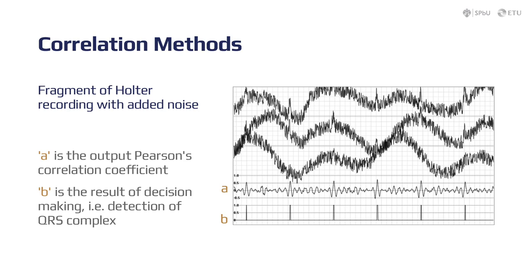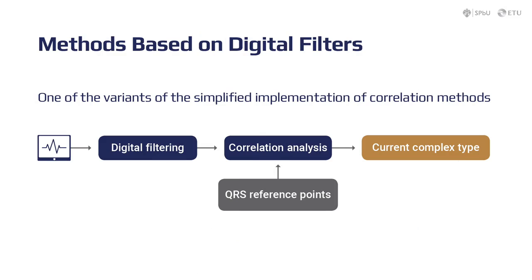It means similarity of their forms. Such an algorithm gives good QRS complex detection quality even in conditions of significant interference. However, implementing the correlation method for QRS recognition in online systems is associated with extremely high demands on processor performance and can be implemented only with the use of specialized fast computing equipment.